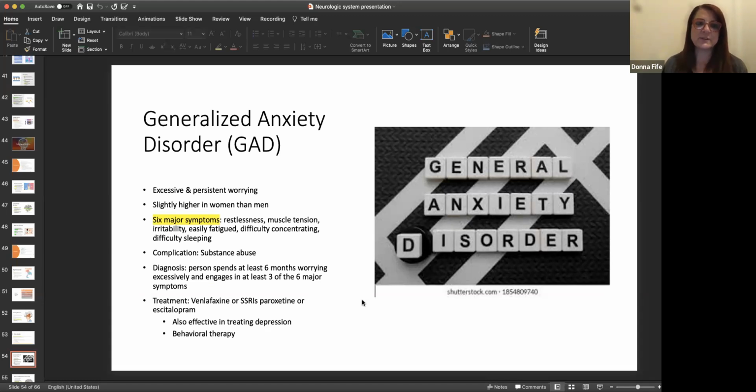Diagnosis: the person spends at least 6 months worrying excessively and engages in at least 3 of the 6 major symptoms. Treatment can be with venlafaxine or SSRIs, paroxetine, or escitalopram. These are also effective in treating depression, and behavioral therapy can be beneficial as well.